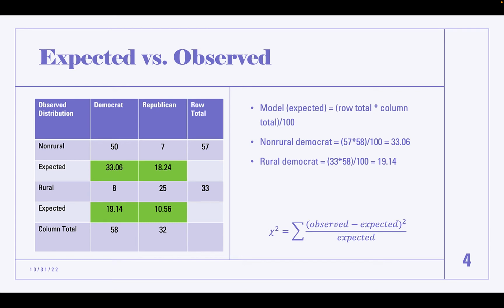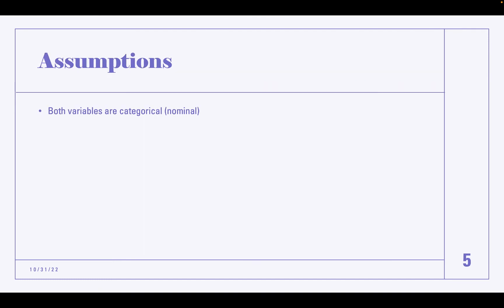Similarly, for a rural Democrat, we would do 33, the row total, times 58, the column total, divided by 100, giving us 19.14 expected rural Democrats, when in fact we observed only 8. And we could do the same thing for the non-rural Republicans and the rural Republicans. Then the chi-square statistic is calculated as the sum of the observed minus expected squared divided by the expected. But again, that is what the software does for you.